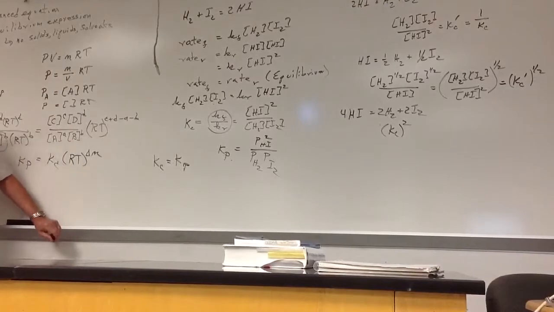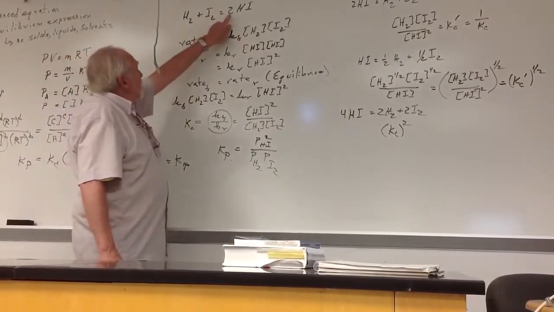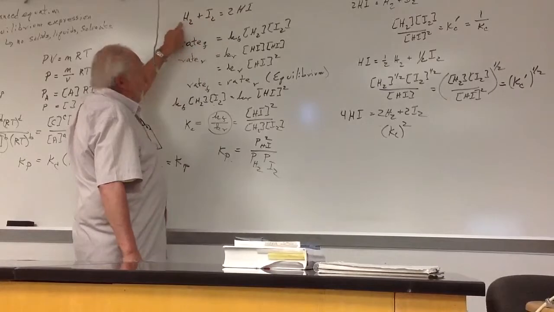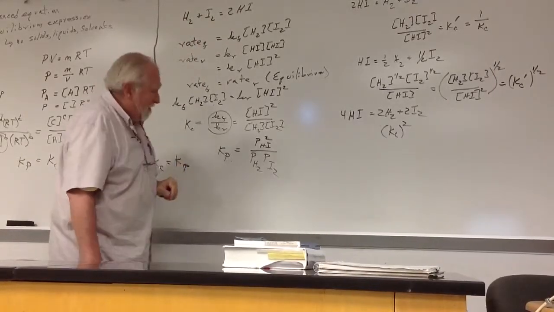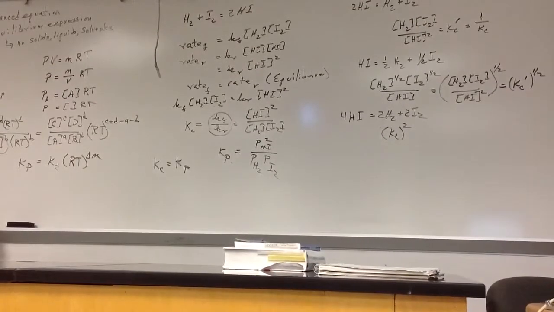Am I right? Yes, I am, because delta n is 2 minus 1 minus 1, which is 0. RT to the 0 power must be 1. So K sub P and K sub C are the same number for that particular reaction.